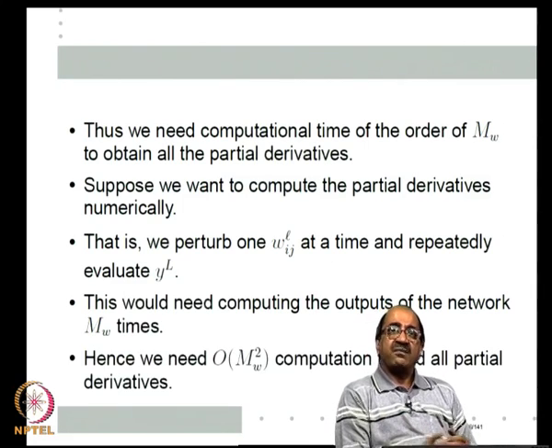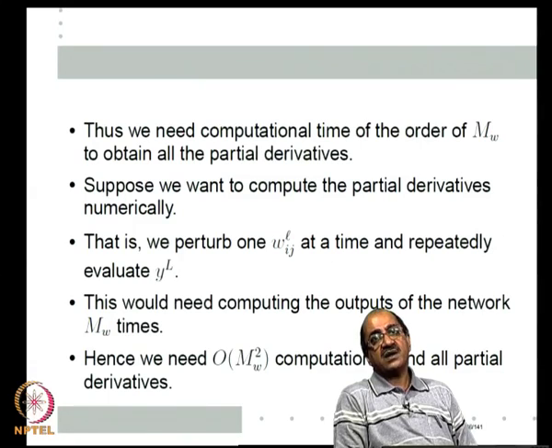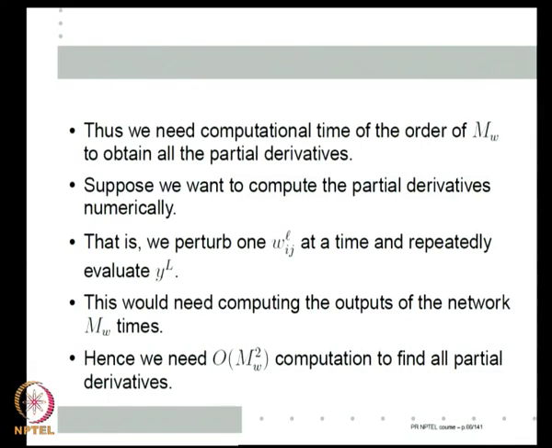To find all the partial derivatives, I need MW square computations, right, order MW square, because if I want to do it numerically like this, for each weight I have to calculate one output. Calculation of output takes order MW computations. So, there are MW weights, so I take MW square computations.